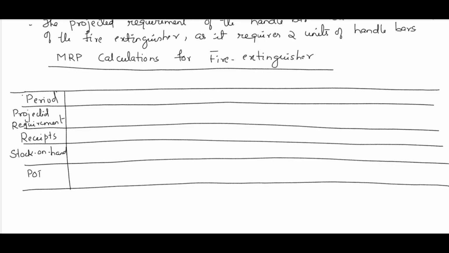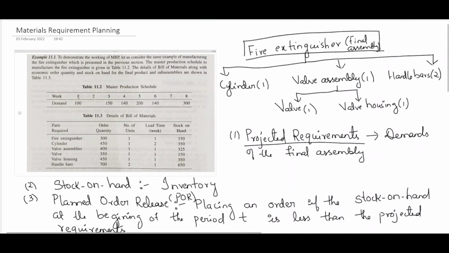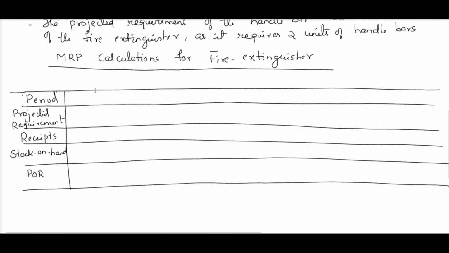POR, as I've already told you, is the planned order release. In the question, we can see that the time period is from week number 1 to week number 8. So we will start from 0 to 8. I'm taking 0 because it will show us what inventory we are having. Period 0, 1, 2, 3, 4.